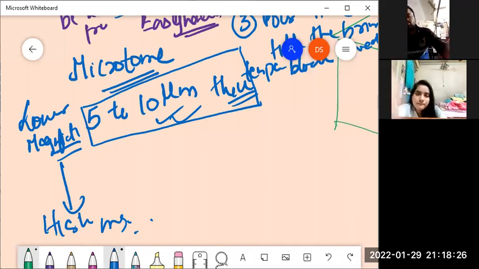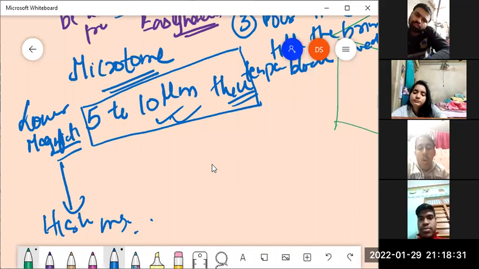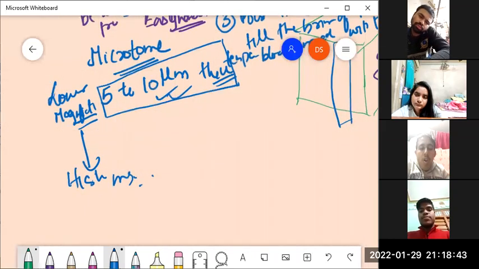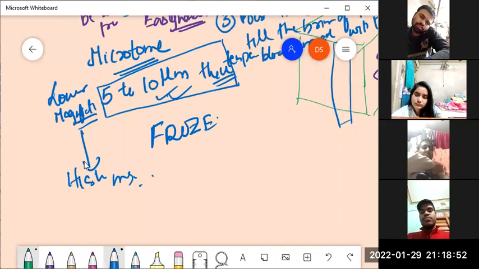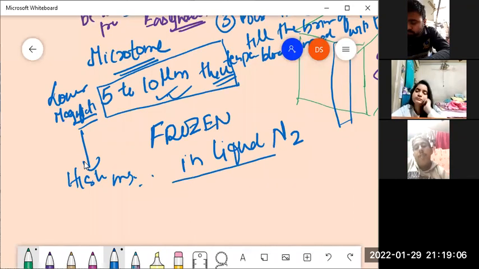Now see, what is required for sectioning is that the material to be sectioned becomes hard. For hardening, we can have solidified paraffin, as we have already noted. But apart from that, sectioning can also be performed on specimens that are frozen in liquid nitrogen, or there is a technique of rapid freezing.